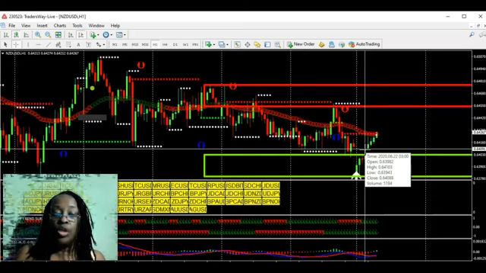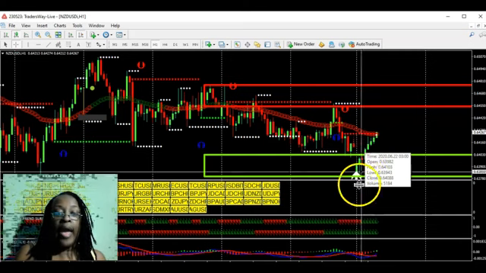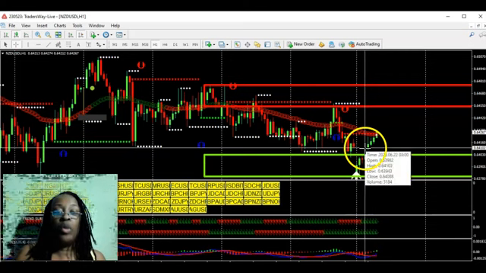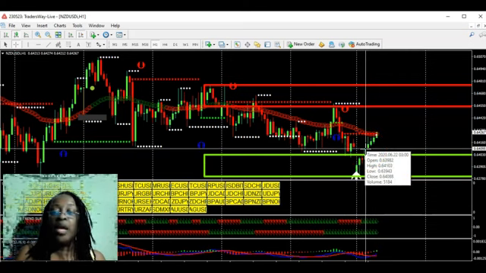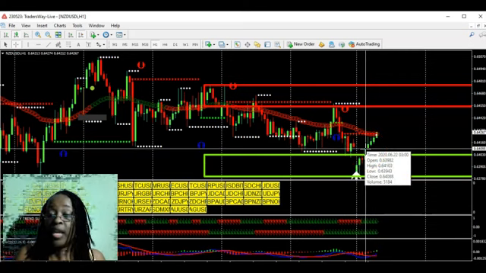Now we're going to look at our trend surfer, and that's this right here. And what do we want? We want the color to be green. Green is great. It's conservative, it's safe. It's a good position.